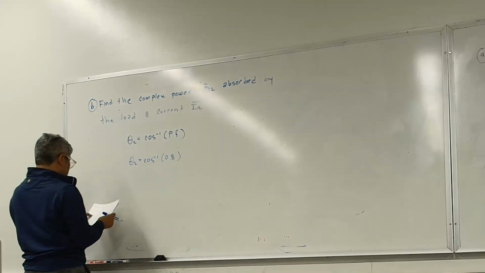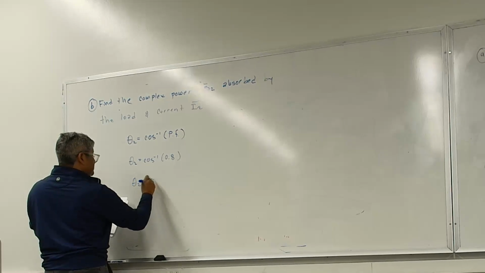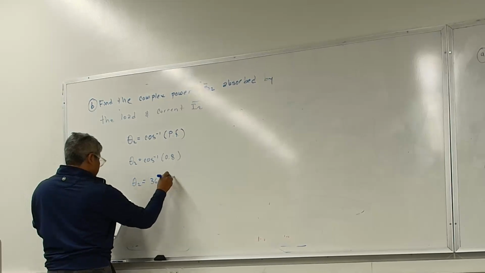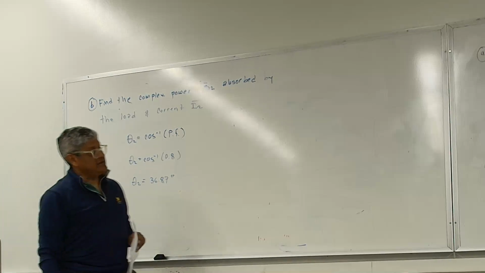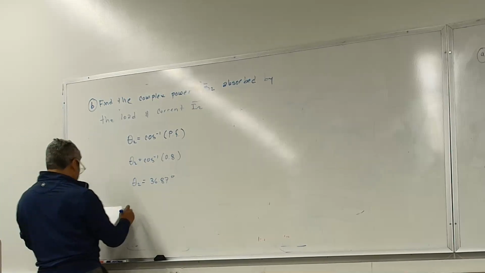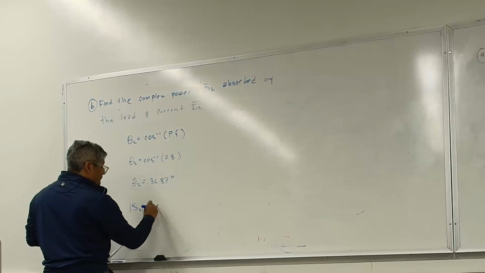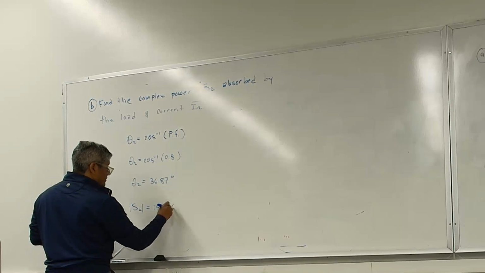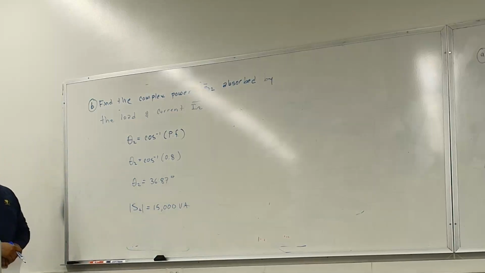And it's lagging, right? So theta 2 is equal to 36.87 degrees. Okay, so we know the load, right? We know S2 magnitude is equal to 15,000 volt amperes, right? Everybody okay with that?